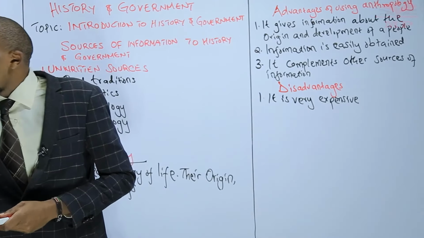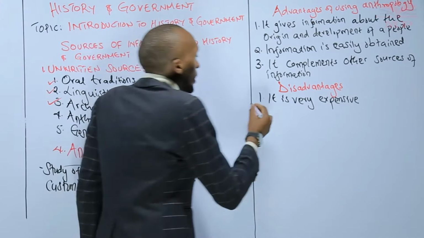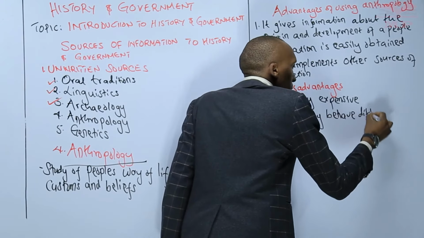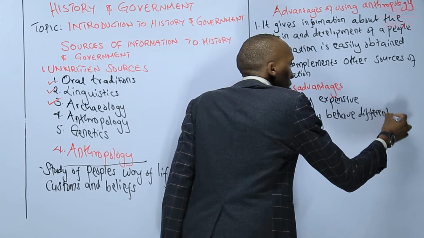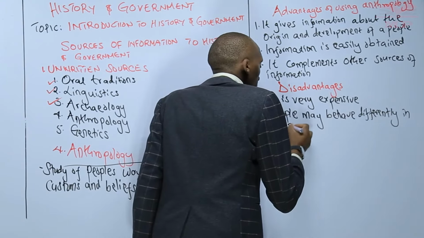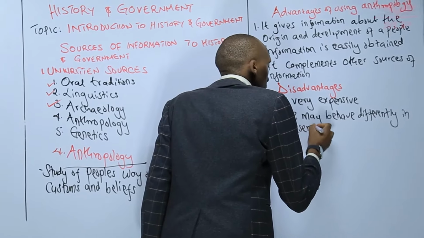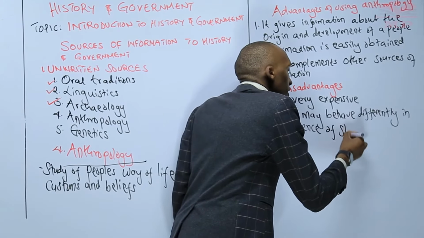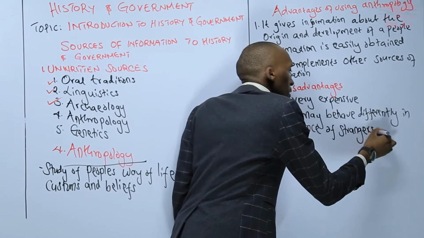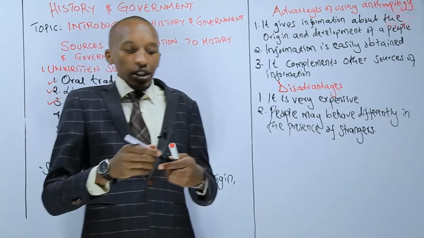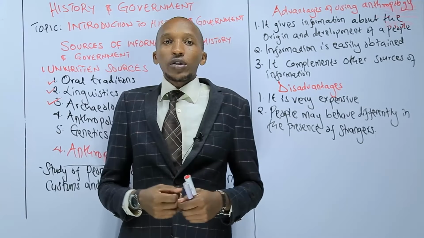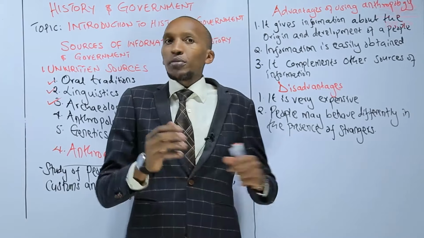And then number 2, people may behave differently in the presence of strangers. So if you are a visitor, even in your home, whenever there are visitors coming to your home, you do not behave normally.